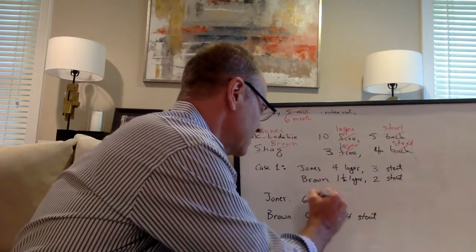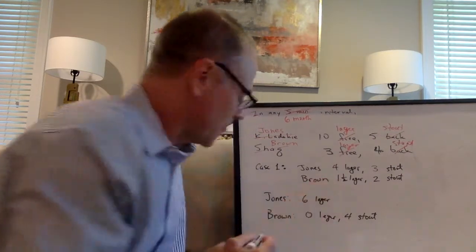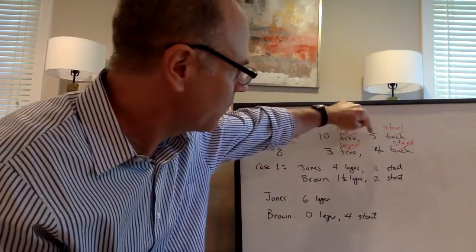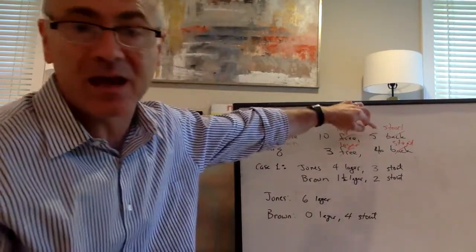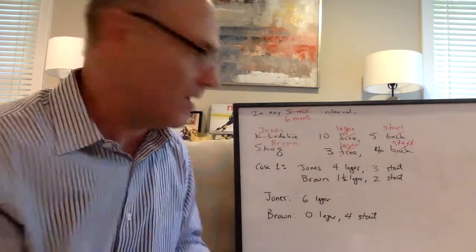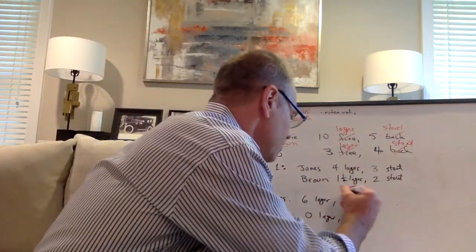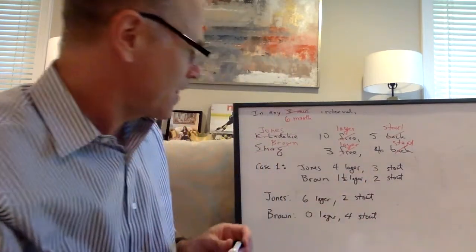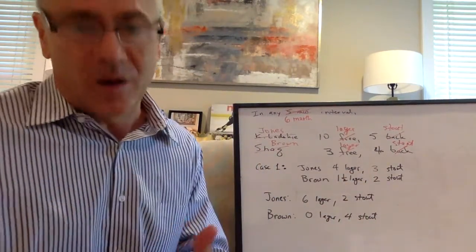So 6 lager. If he's spending 60% of his time on lager, that means 40% on stout. 40% of the time on stout means he can only make 2 gallons of stout now. Okay, so 2 gallons of stout. We're on our way.